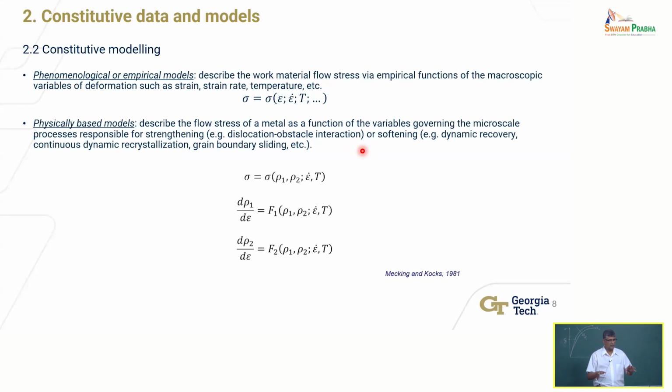Phenomena such as dynamic recovery, recrystallization, etc., can occur at elevated temperatures. So anyway, this is a different way of looking at the stress-strain behavior. This is purely empirical, conducting some tests, measuring the yield strength, and fitting some function, versus describing what is really happening inside the material at a microstructural level.